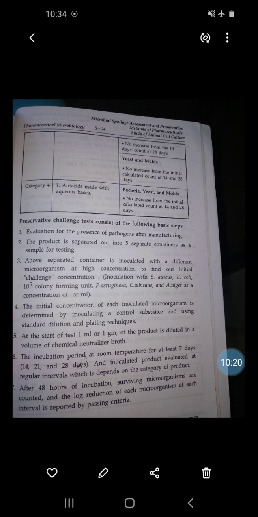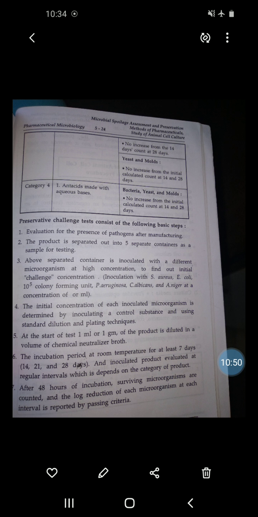At the start of the test, 1 ml or 1 gram of the product is diluted in a volume of chemical neutralizer broth. Then comes the incubation period at room temperature for at least 7 days, or 14, 21 or 28 days. The inoculated product is evaluated at regular intervals, which depend upon the type of product.